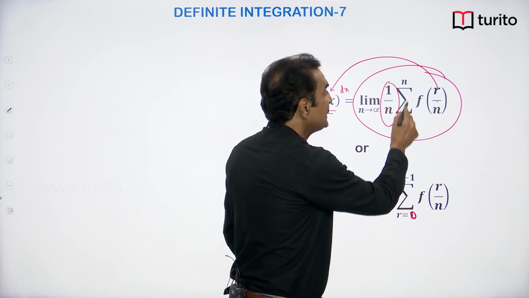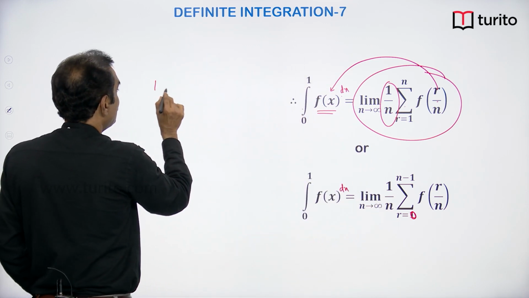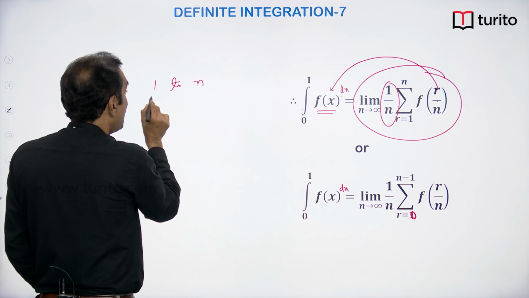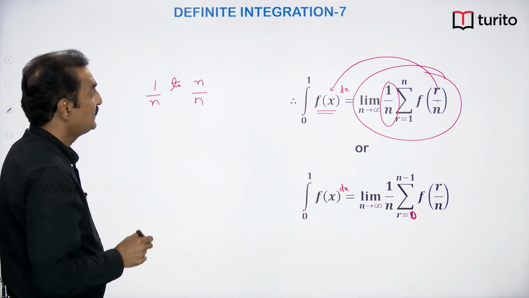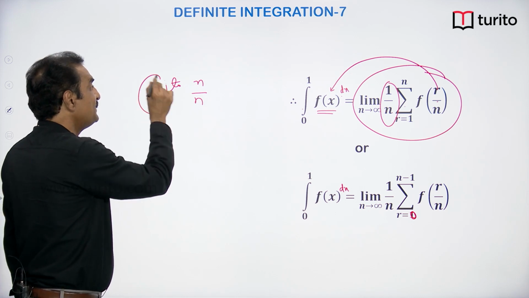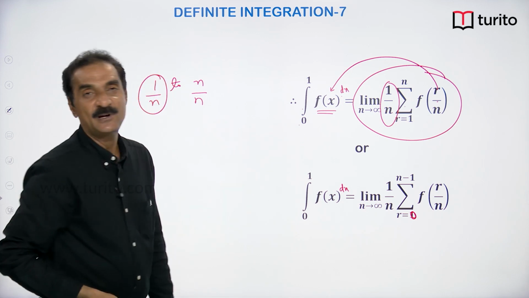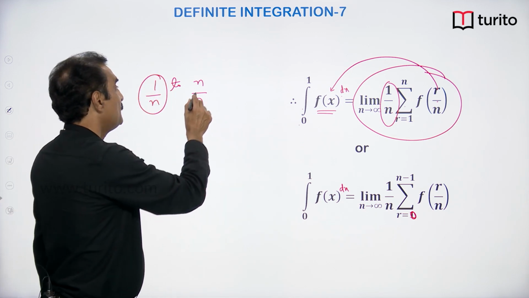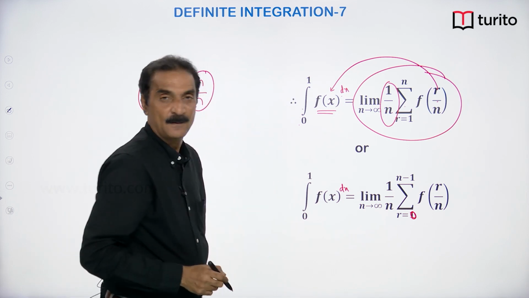Here r varies from 1 to n. If r varies from 1 to n, r by n varies from 1 by n to n by n. And what is the limit of 1 by n as n tends to infinity? 0. That is the lower limit of x. What is the upper limit? n by n, which is 1.